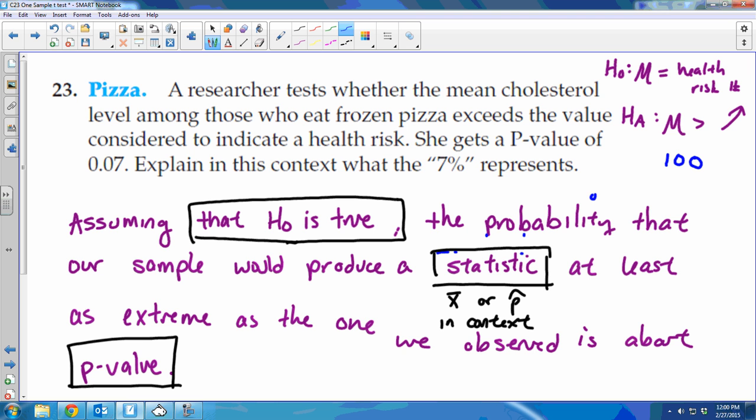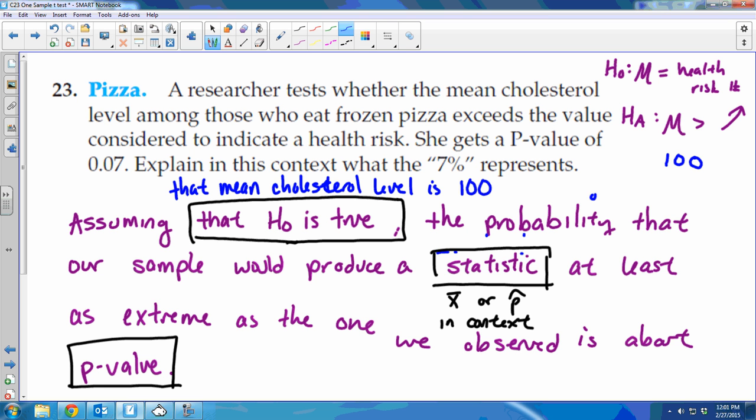So, assuming that the null hypothesis is true, that means assuming that the mean cholesterol level is 100. I don't know the units for cholesterol. I am really sorry. I want to say it's like in milligrams per something.